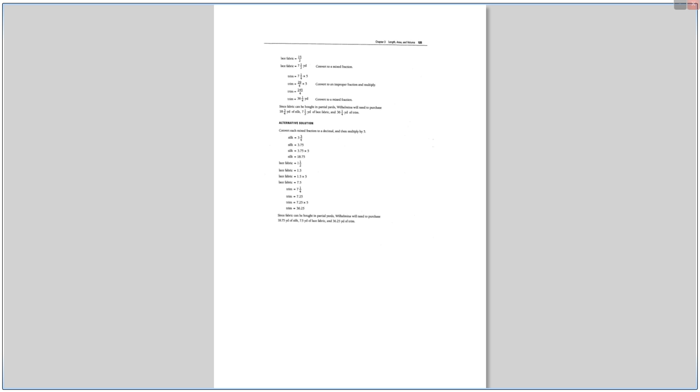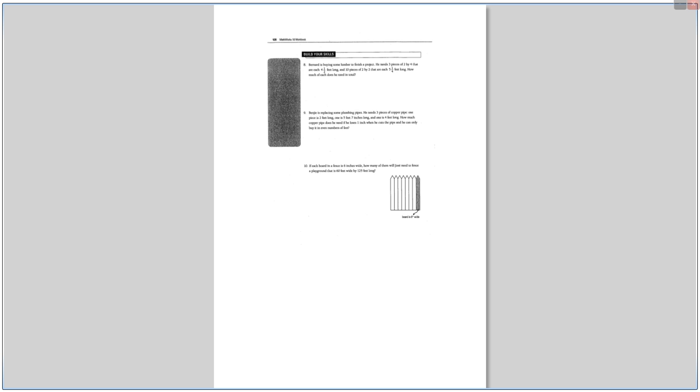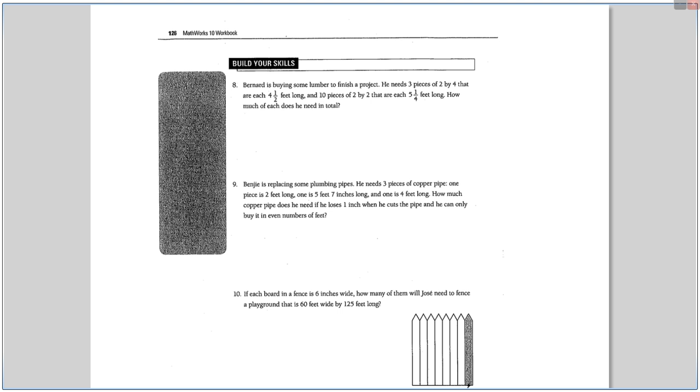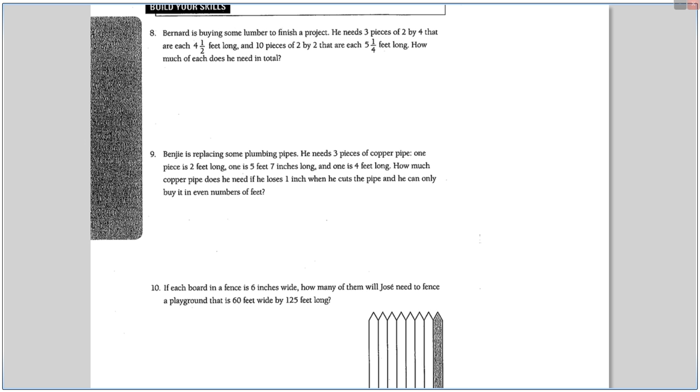Okay, so that example you can read on your own. Okay, so here we go. Build your skills number 8. Bernard is buying some lumber to finish a project. He needs 3 pieces of 2x4 that are 4.5 feet long, 10 pieces of 2x2 that are 5.25 feet long. How much of each does he need in total? Alright, so let's just highlight some of these words.